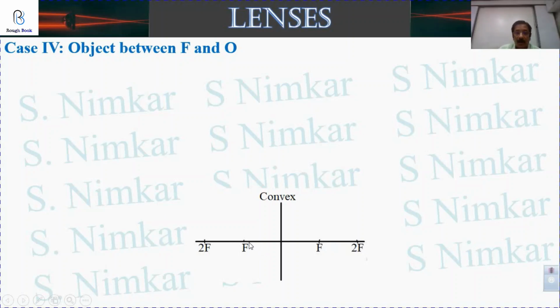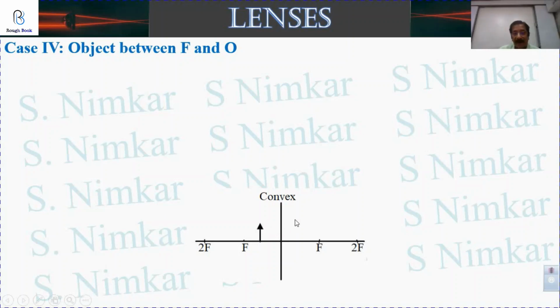Now, once again you have to remember, when you draw the object between f and o, you should not draw object closer to the focus. You can draw in between f and o, slightly closer to f, slightly closer to o, but not very close to the focus, because if you draw the object closer to the focus, the rays will not meet on the paper. So I am drawing it in between f and o.